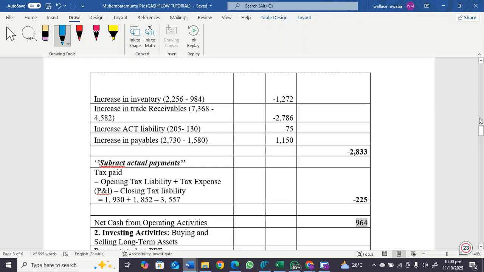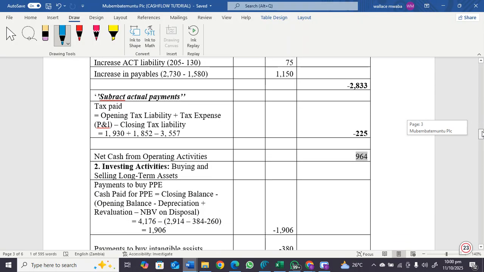All right, we go to our next section, which is now investing activities. Here we're just talking about purchasing non-current assets. And if the company receives any dividends or any interest, you put it here, because if the company is receiving interest, it's obviously invested in some corporate bonds.